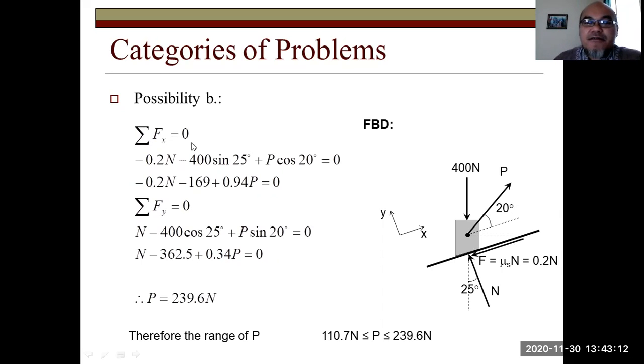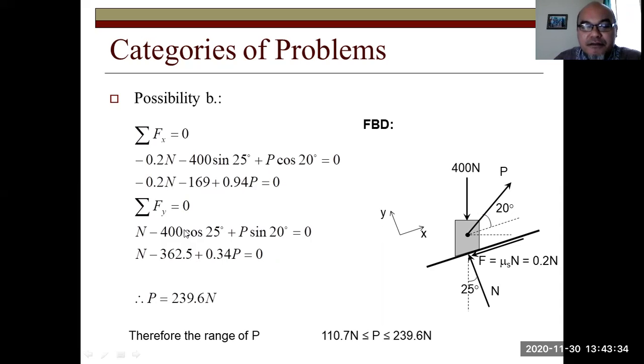So sigma Fx equals 0, negative 0.2 N. Yeah, from the friction itself, negative because it is now towards the left. Negative 400 sine 25 degrees, similar like before, plus P cosine 20 degrees. Minus 0.2 N minus 169 plus 0.94 P equals 0.